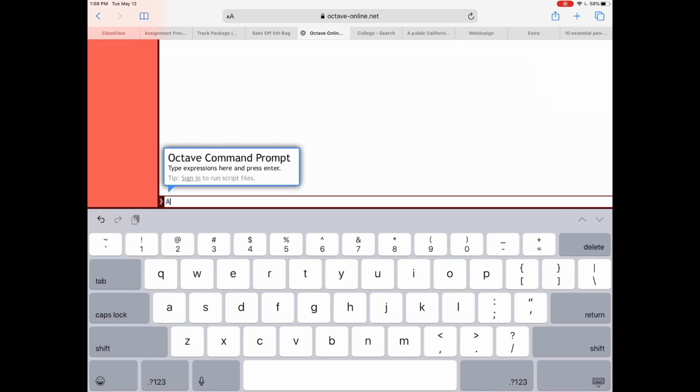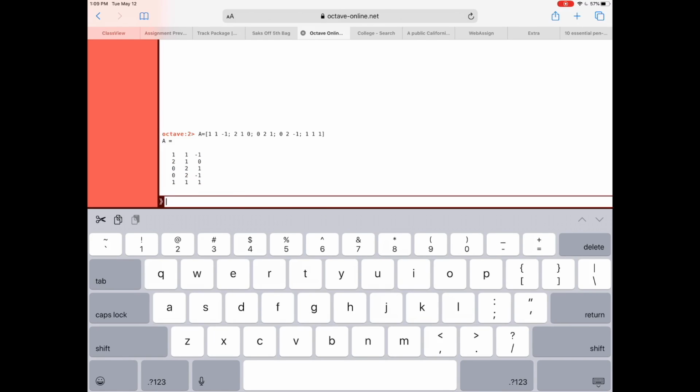So now I'm just going to go ahead and go into Octave and figure these out quickly. Okay, so I'm just going to name everything. So we have A equal to 1, 1, negative 1, and then b.